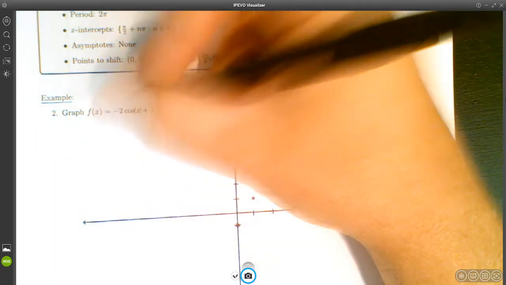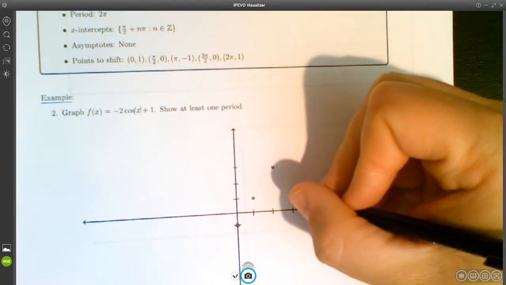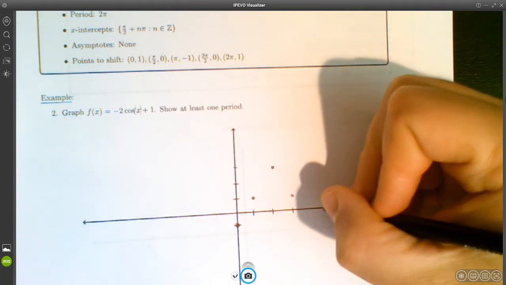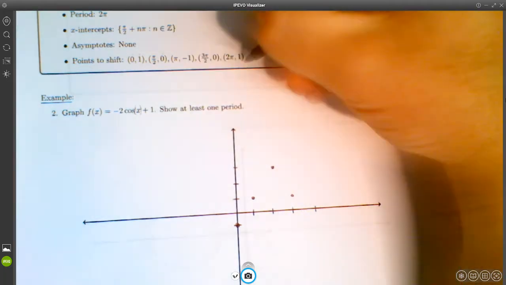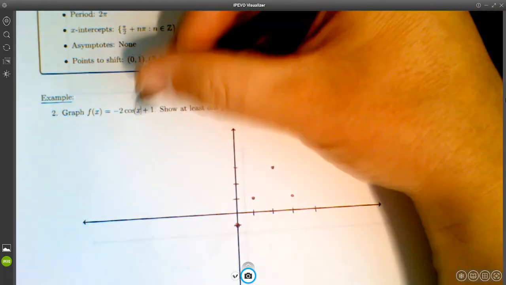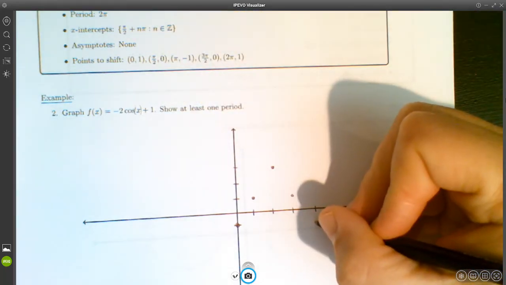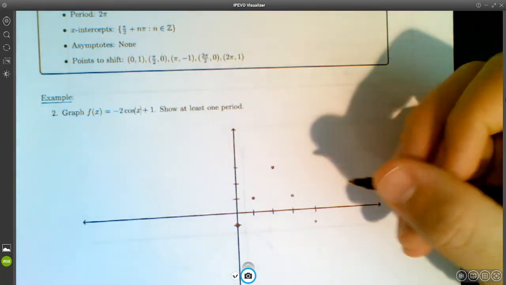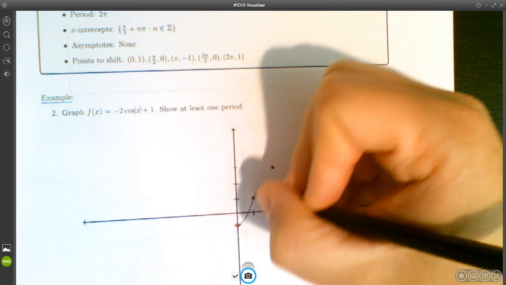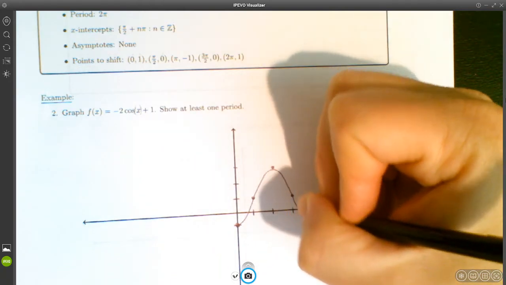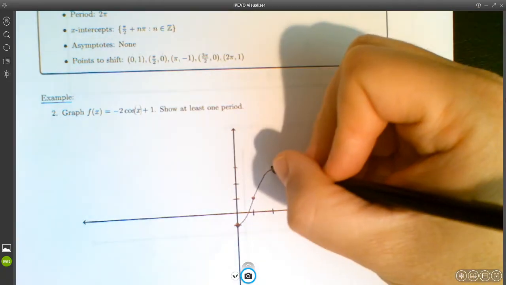Again, 0 times negative 2 is 0, plus 1 is 1, so we're back here. And then at 2 pi, 1 times negative 2 is negative 2, negative 2 plus 1 is negative 1. So we get a picture that looks something like this for the cosine function.